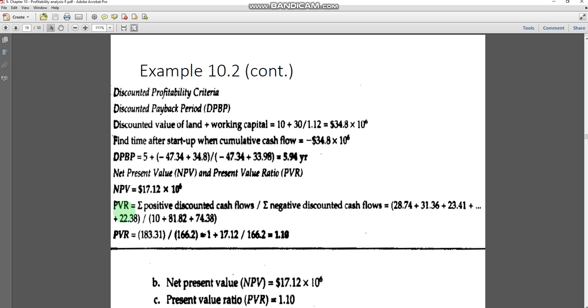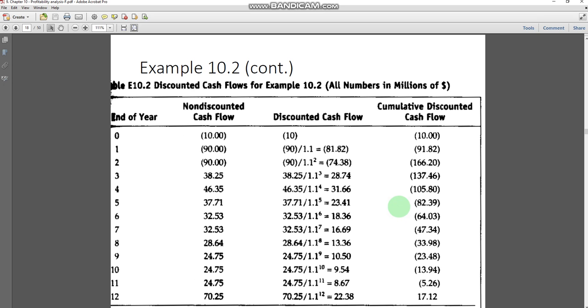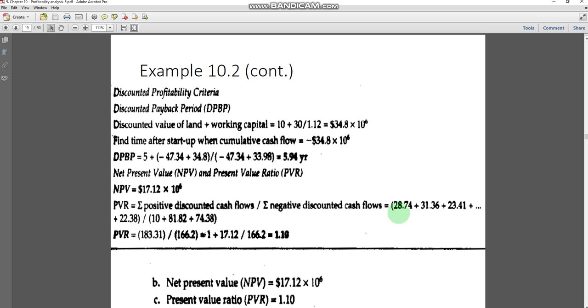Now the present value ratio: you have to add up all the positive discounted cash flows and divide it by the negative discounted cash flows. So you add up all of these positive numbers together, from 28.71 all the way to 22.38, and divide by the sum of the negative discounted cash flows.